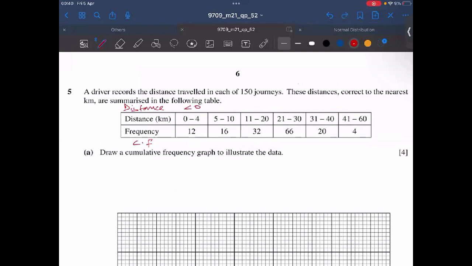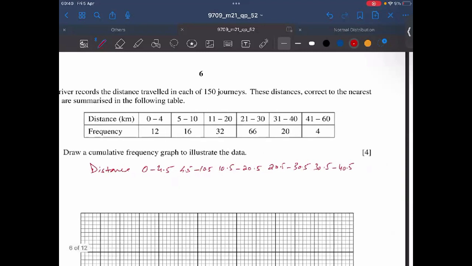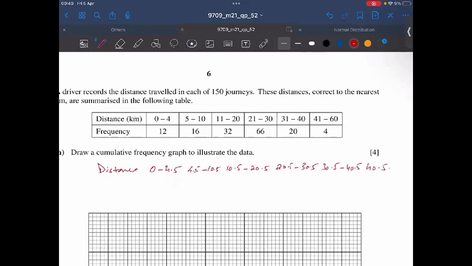I'll be first making some changes to the table. Because there's a gap between the classes, I'll be writing down the distance as class boundaries. Then we have 10.5 to 20.5, and 20.5 to 30.5, and then 30.5 to 40.5, and then we have 40.5 to 60.5.